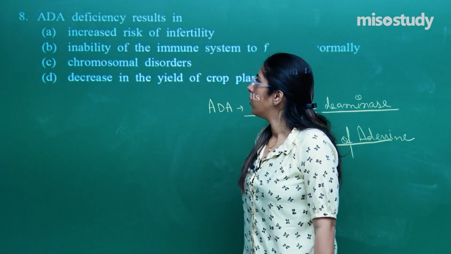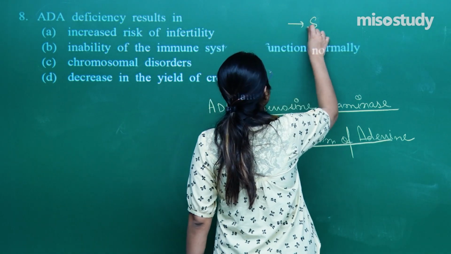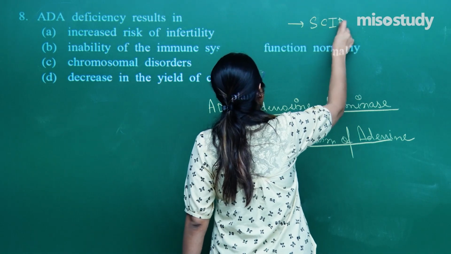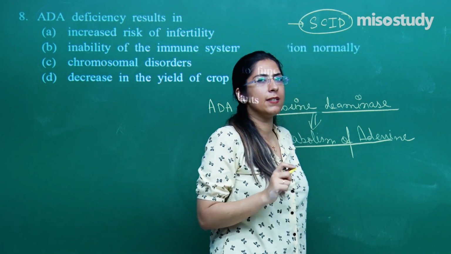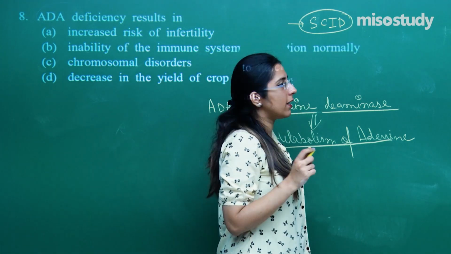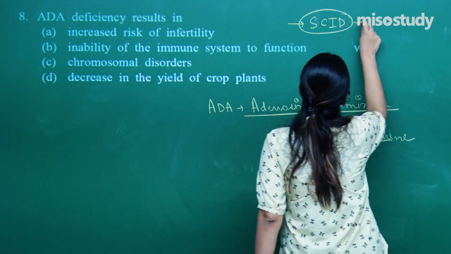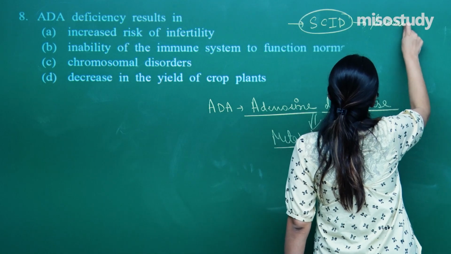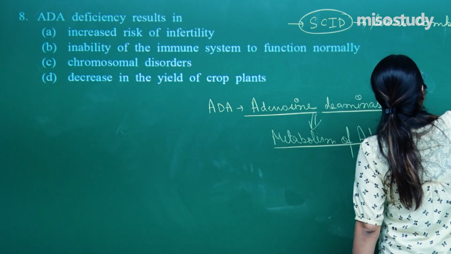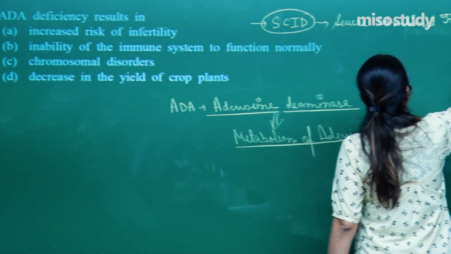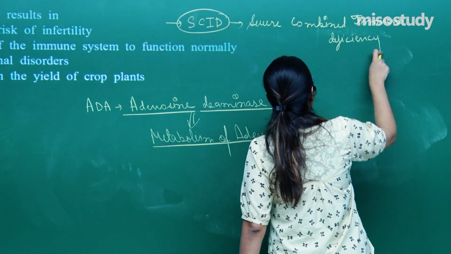Now, they are talking about the ADA deficiency. Hope you have heard of the deficiency which is called SCID. SCID is related to ADA deficiency. In a patient, if there is ADA deficiency, that particular disease is called SCID, that is severe combined immunodeficiency.